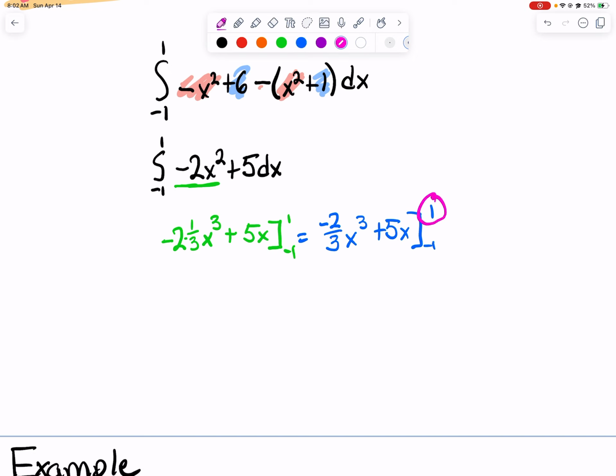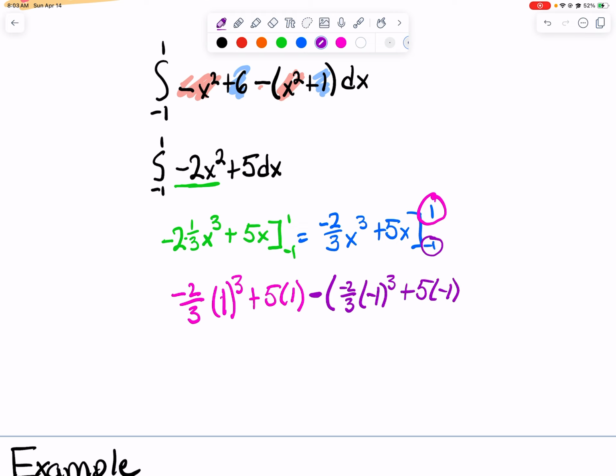For 1, we're going to get negative 2/3 times 1 to the third plus 5 times 1. And for negative 1, we're going to get minus the entire piece of negative 2/3 times negative 1 to the third, plus 5 times negative 1.